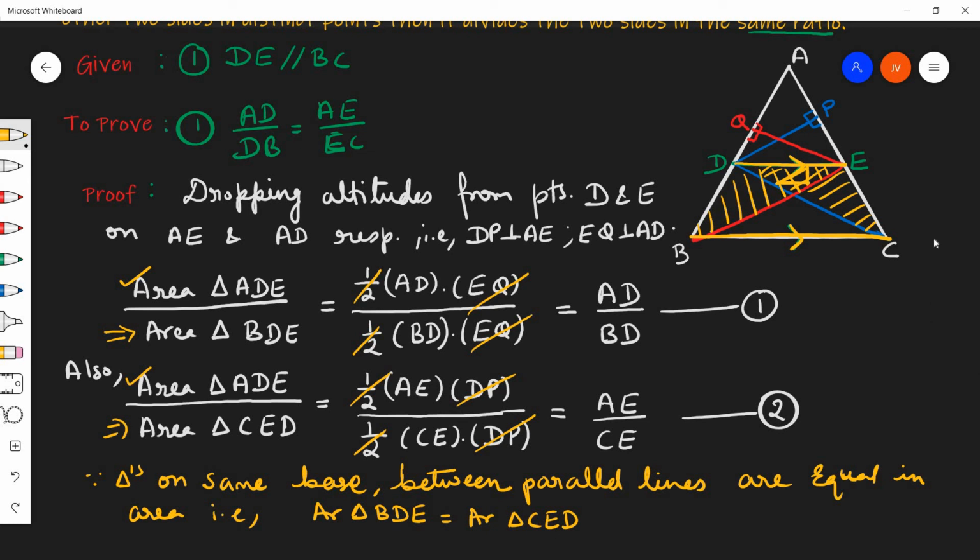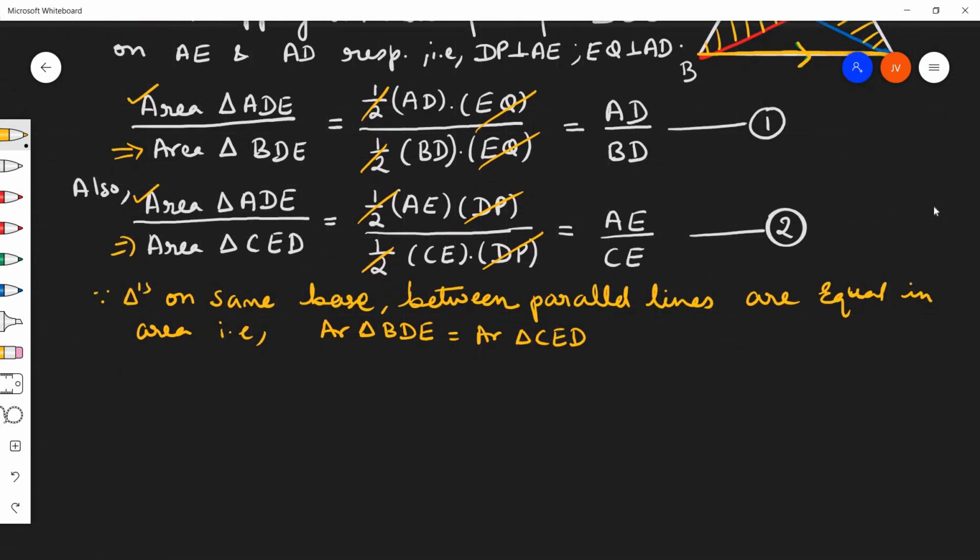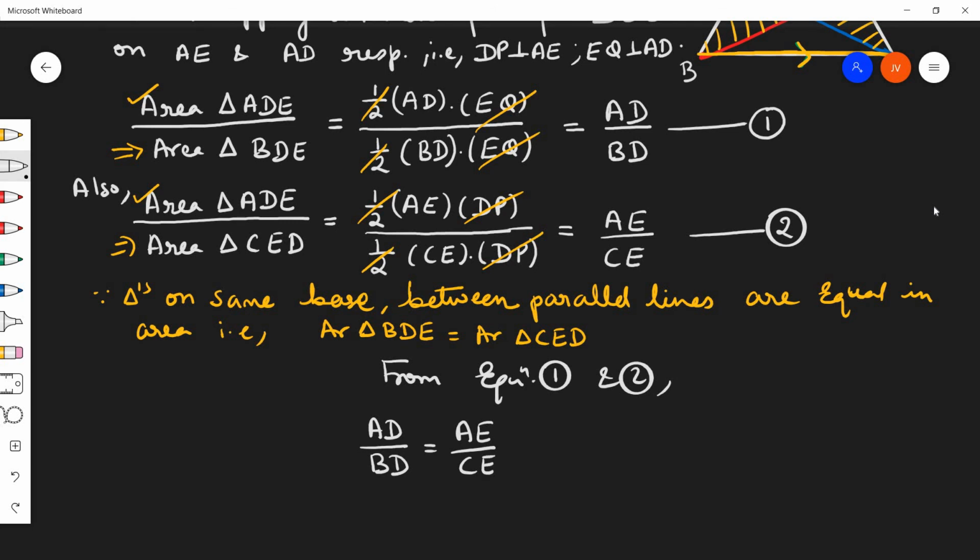Now for equations 1 and 2, the left hand sides are equal. So the right hand sides must be equal. So from equations 1 and 2, the right hand sides are AD by BD is equal to AE by CE. Hence, the basic proportionality theorem is proved.